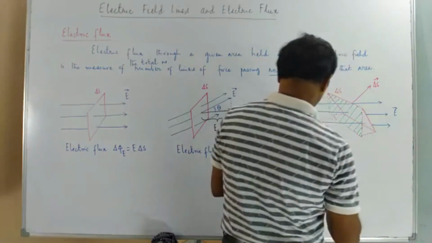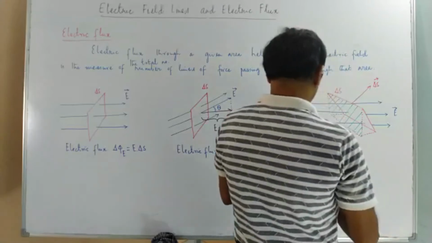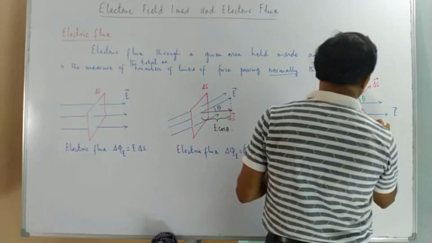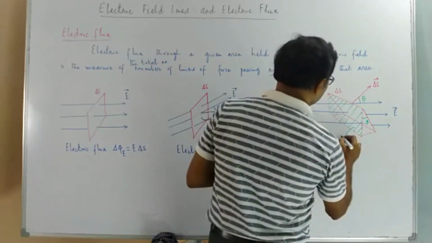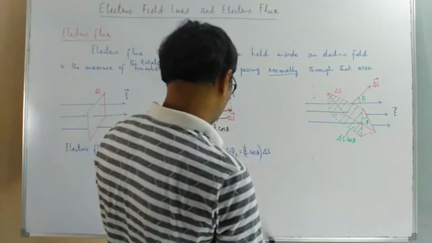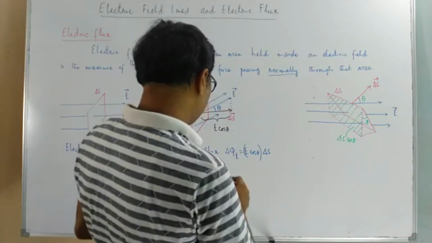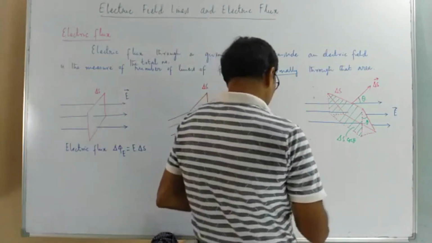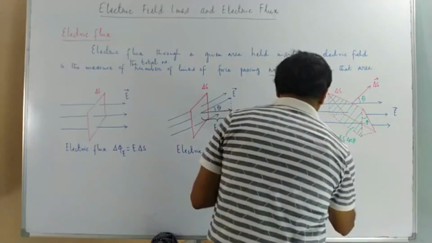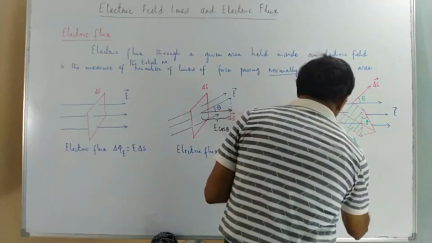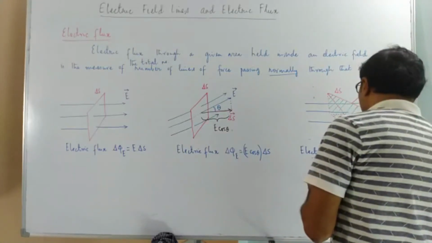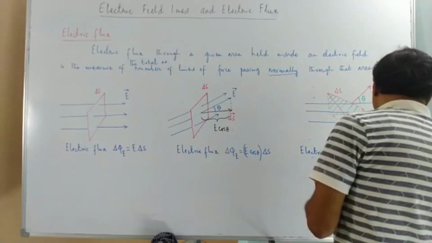So if this angle is theta, this angle is also theta. In that case, this projected surface area becomes delta S cos theta. So in this case, electric flux, I should say, can be written as delta phi E is equal to E into delta S cos theta.